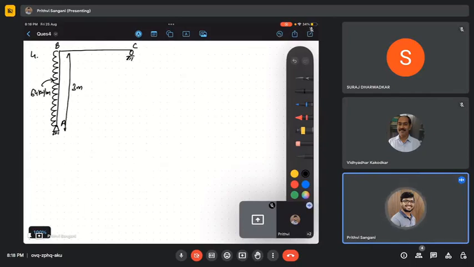Let us take it as 3 meters, and this will be 2.4 meters. So this is the question, and what is required?